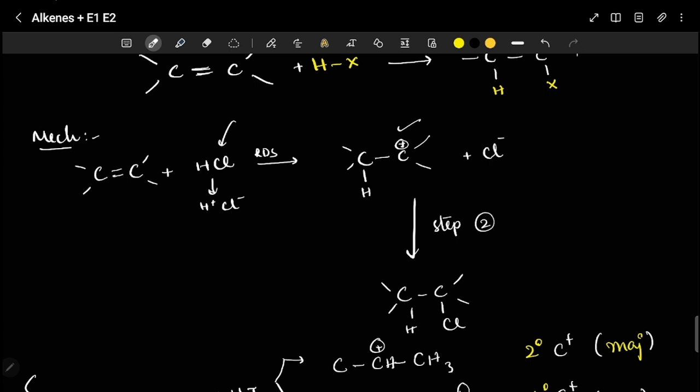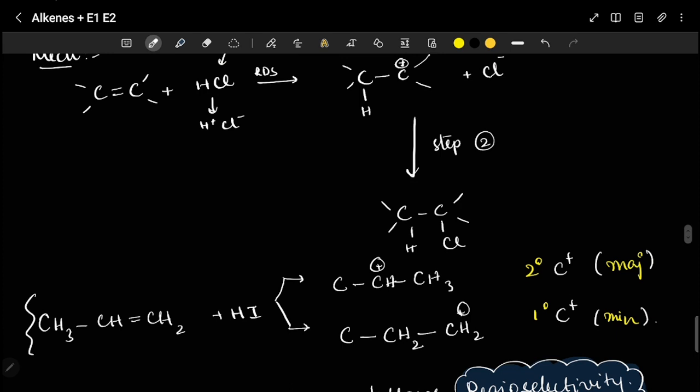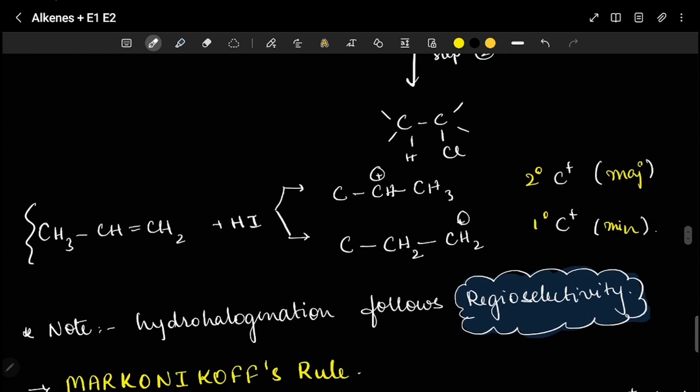And then after the carbocation is formed, the Cl goes and attacks. So this is step 1 and this is step 2. That is a simple mechanism. Now, let's take this alkene and see an example of hydrohalogenation. We took this alkene here, and then we added HX.